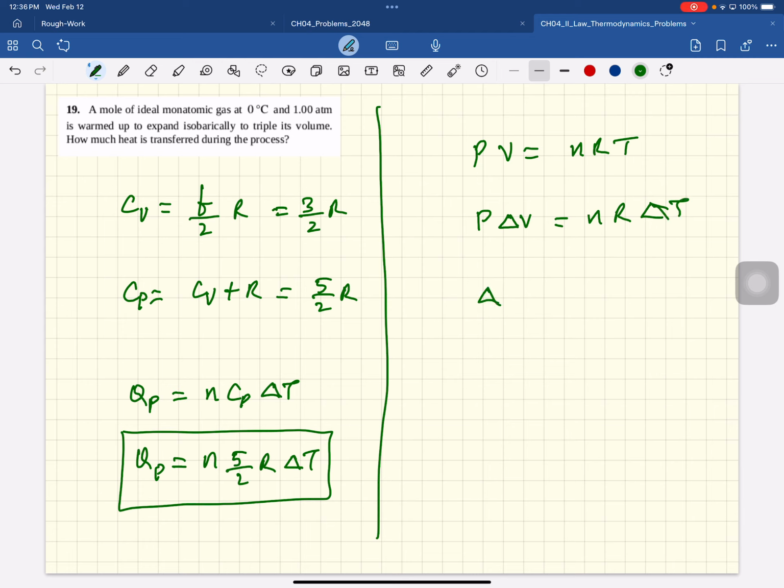So the change in temperature is P times change in volume divided by nR. What is the change in volume? The gas expands to triple its initial volume.